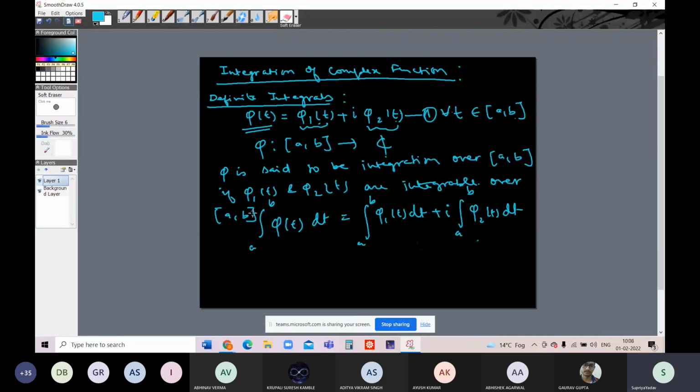If a and b are infinite, or the functions phi 1 t and phi 2 t have infinite discontinuity at the end point, or maybe they have an infinite discontinuity at some point between a and b, in that case this integral a to b phi t dt is called an improper integral.